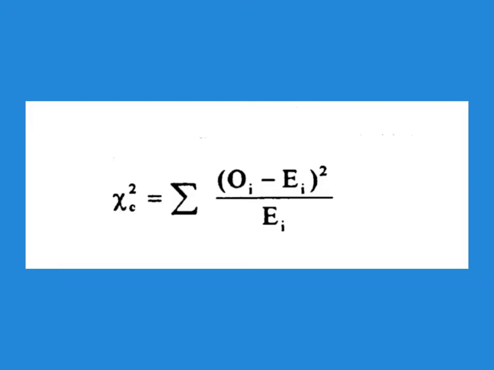And what we see here is the formula that we will use in order to calculate the chi-square statistic. The chi-square statistic is equal to the summation. Let me write that down, please. We should be relatively familiar with summations.